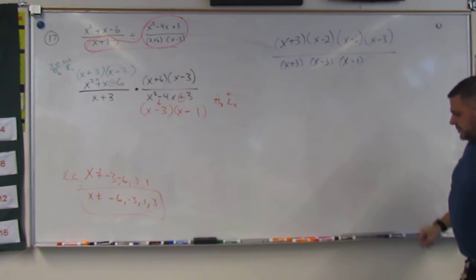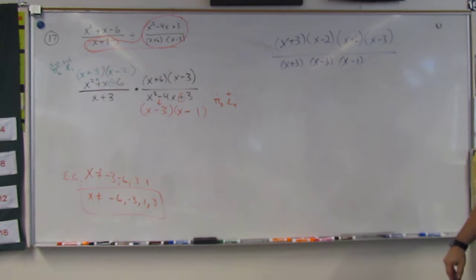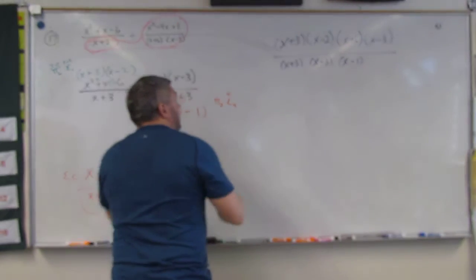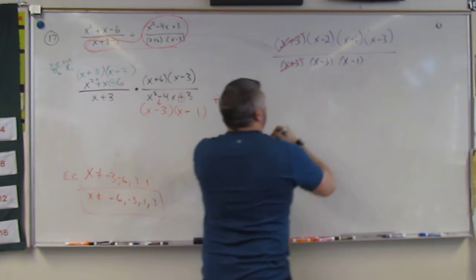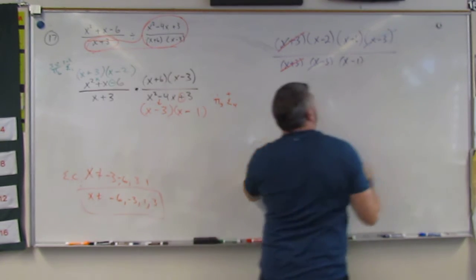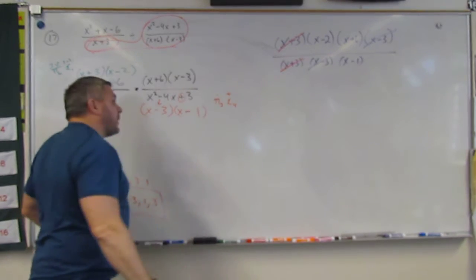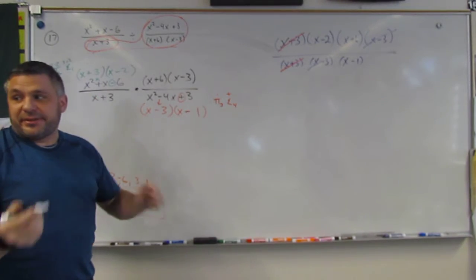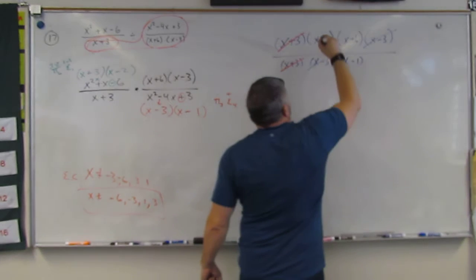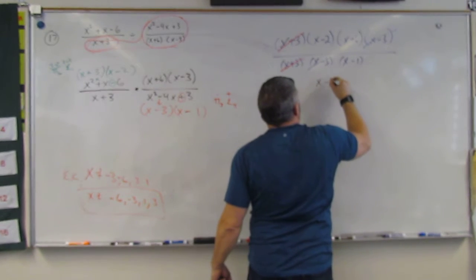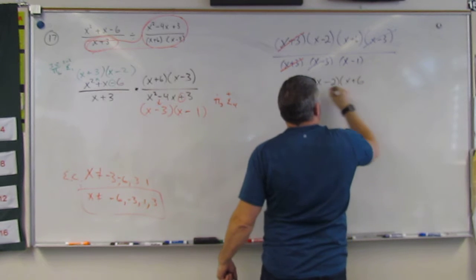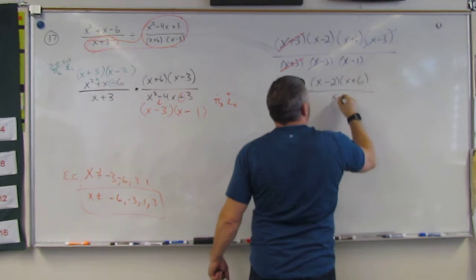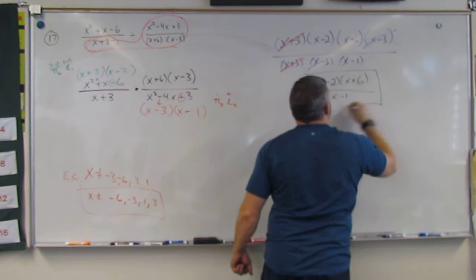Now what can I cancel? X minus 3 and x plus 3. I'm left with x minus 2 times x plus 6 over x minus 1. Okay, so that's one answer.